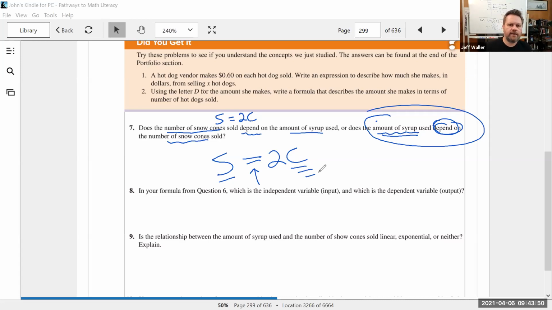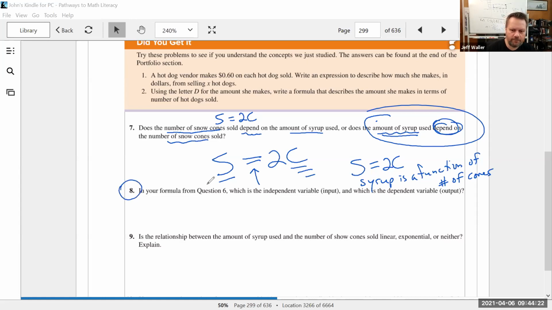Another way to say this in mathematics is syrup is a function of number of cones. If you came into this class wondering how complicated Jeff could make snow cones, you now know. Okay. Just wanted to let you know that the question has been answered.